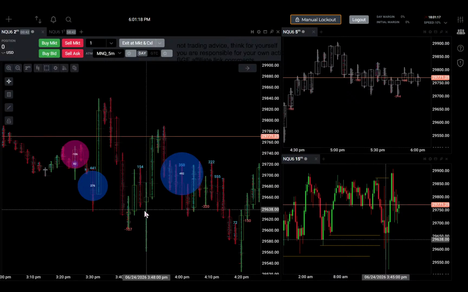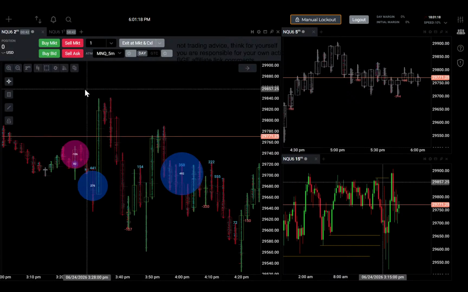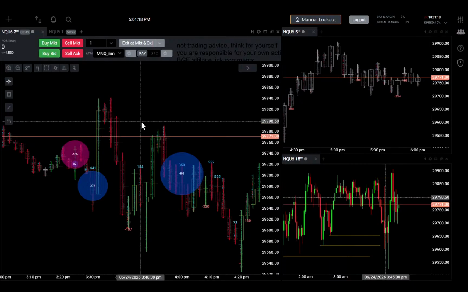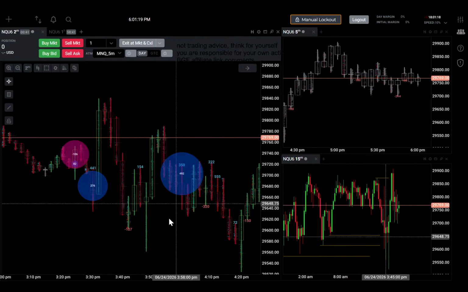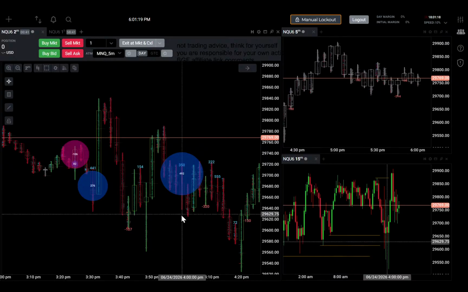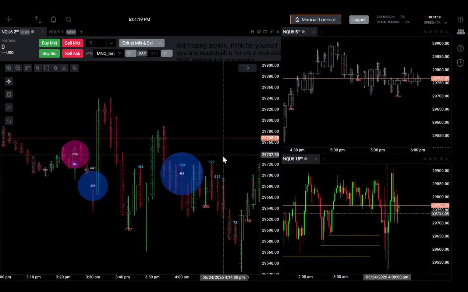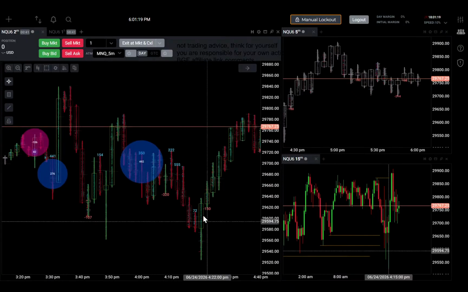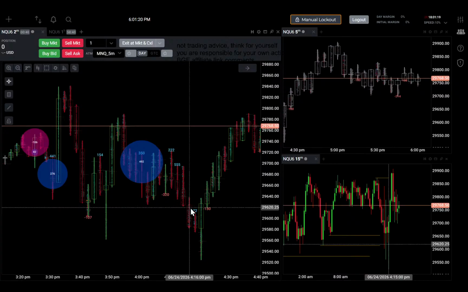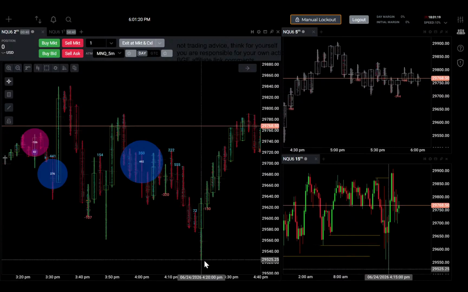Entry here at 638, stop at 858, trail down to 798, double level, again double level, trail to 737. And then we go lower with a gap, and we reject the lows.